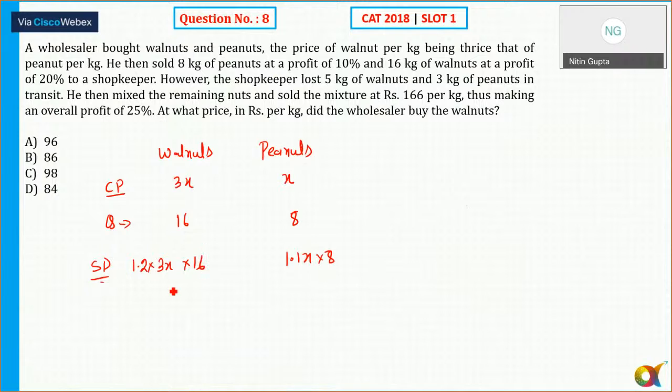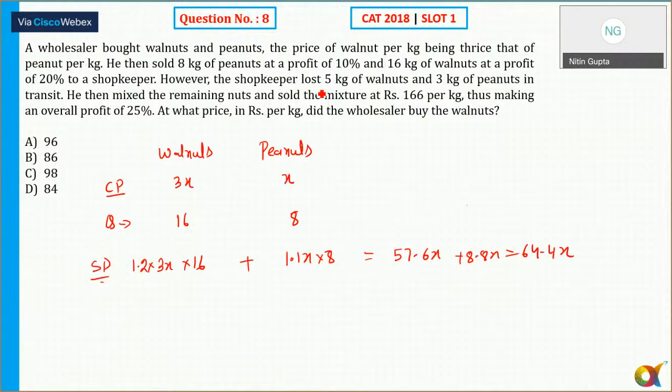So this will give me a total selling price. This comes out to be 1.2 into 3, it is equal to 3.6 into 16. That is equal to 57.6x, and 8 into 1.1x is 8.8x, which will be 66.4x. So this is the total selling price.